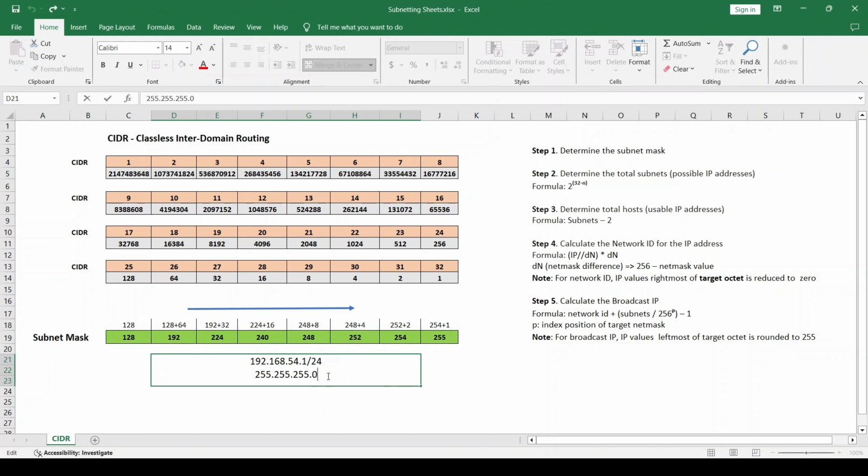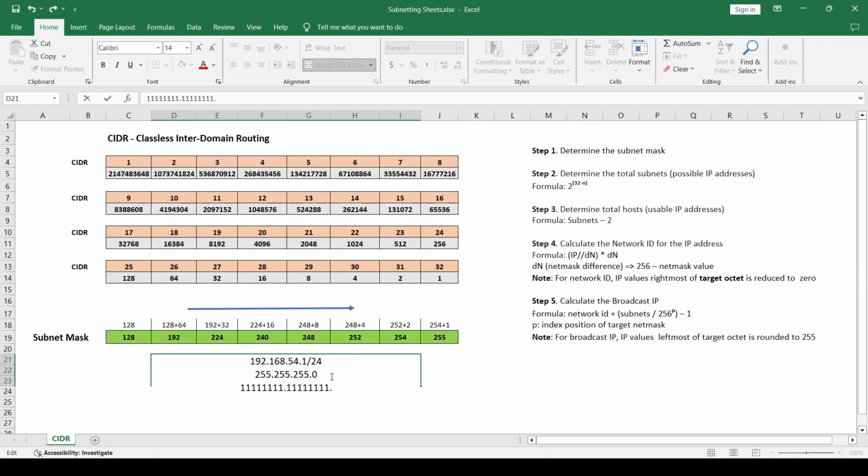Now you might ask, how did we arrive at 255? So let me explain here. An octet, let's say 1, 2, 3, 4, 5, 6, 7, 8. This is one octet because it's 8 bits. Then another octet, 1, 2, 3, 4, 5, 6, 7, 8.